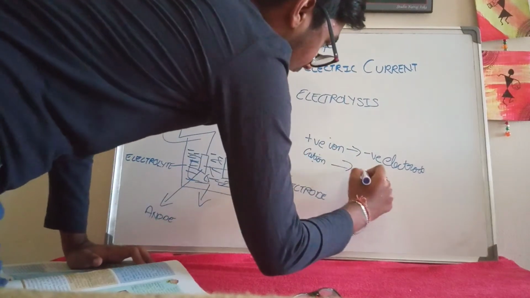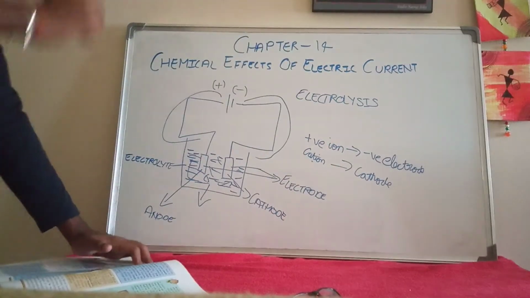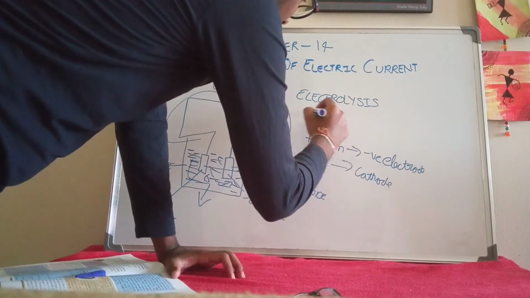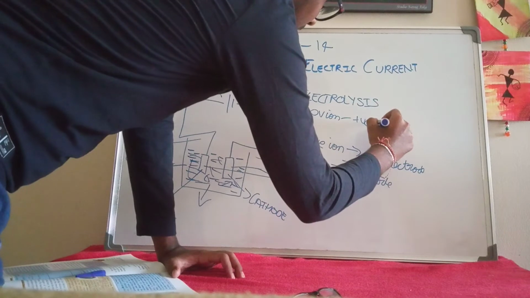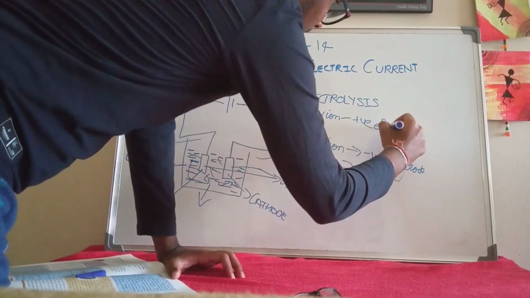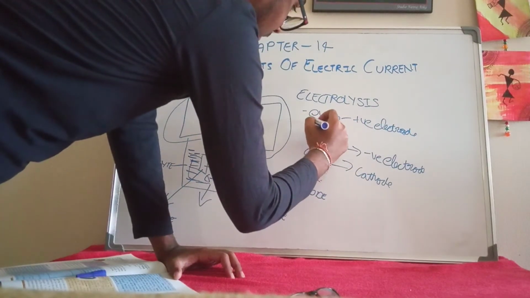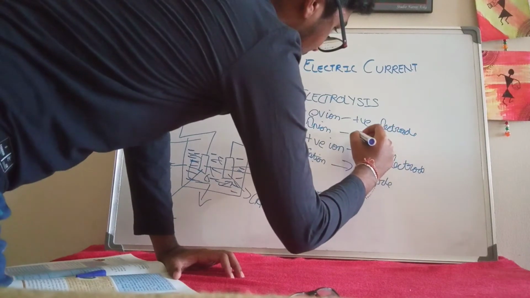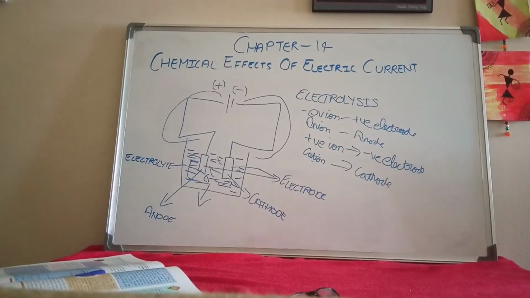The cation is attracted towards the cathode, and the negative ion, the anion, goes towards the positive terminal, the anode.